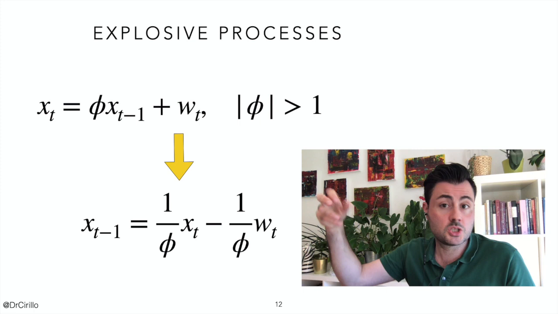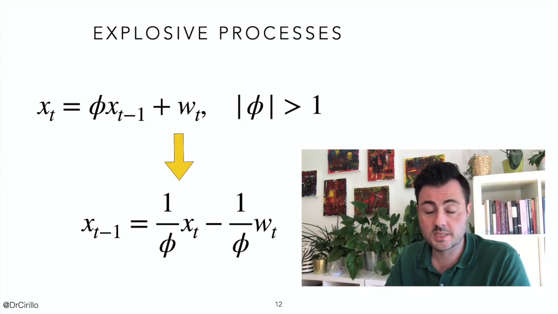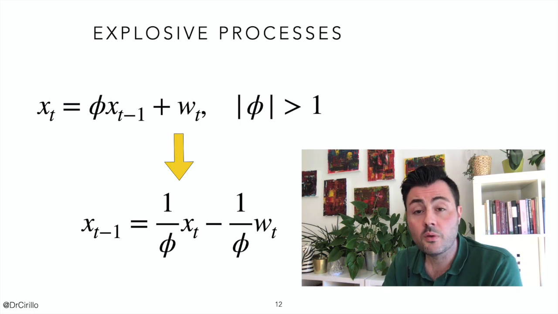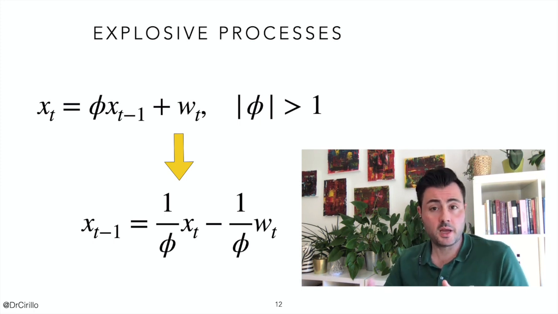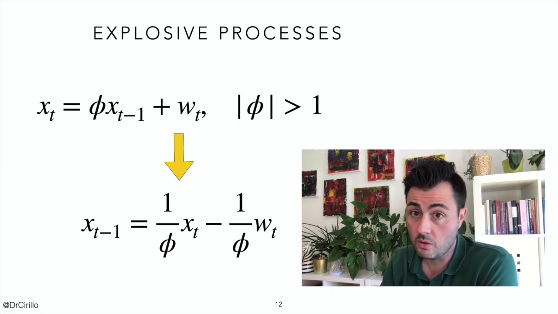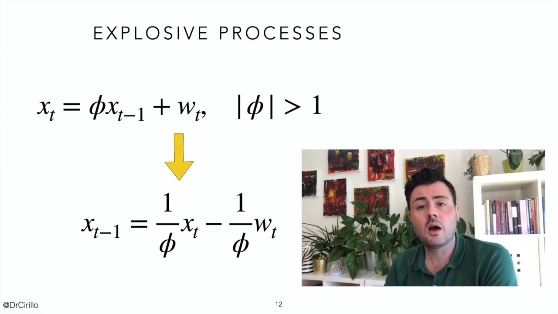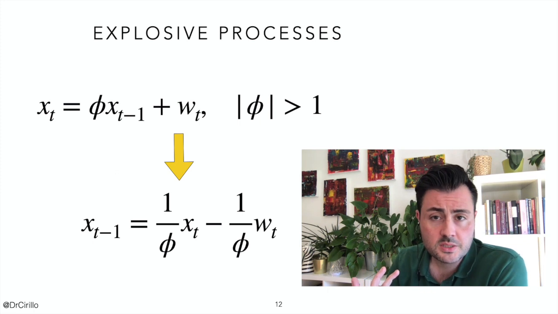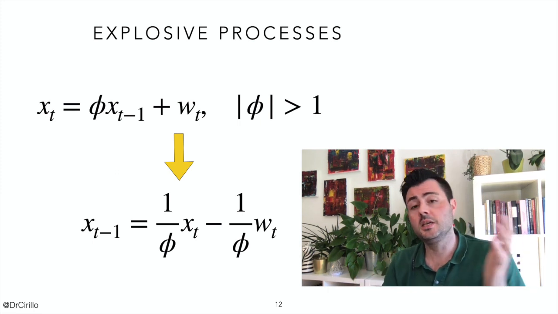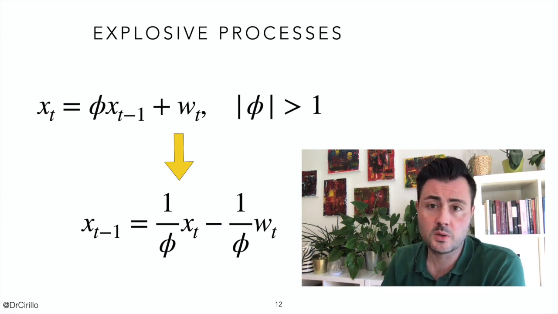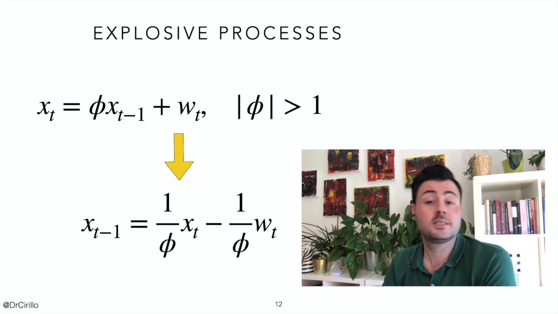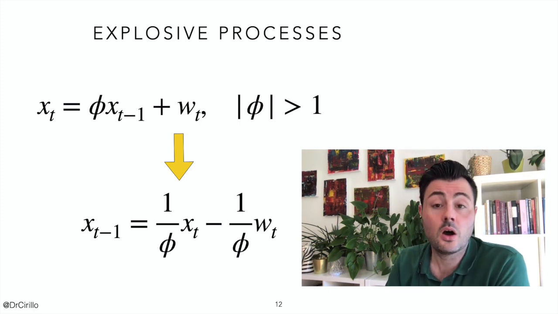So it will reach values like plus infinity in the limit. Now, when it is explosive, it is clearly non-stationary. Now, a very interesting thing that we can notice is that the process xt equal to phi xt minus 1 plus wt can always be rewritten as the second process that you see on your screen.